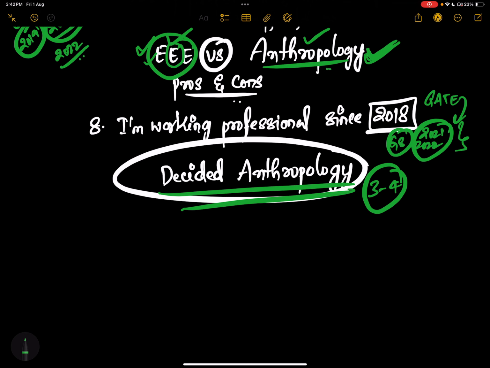That's why I am now doing MA anthropology, because of my interest in the subject. I really want to pursue this MA, and this preparation will definitely help me in UPSC mains as well. I selected anthropology for the ease of preparation, coaching availability, all these things, and because it is scoring.